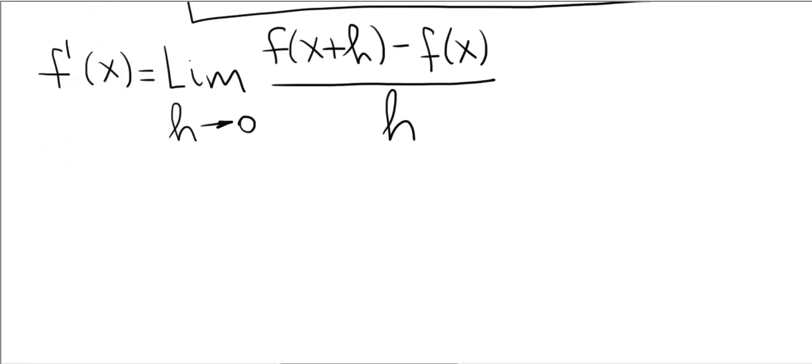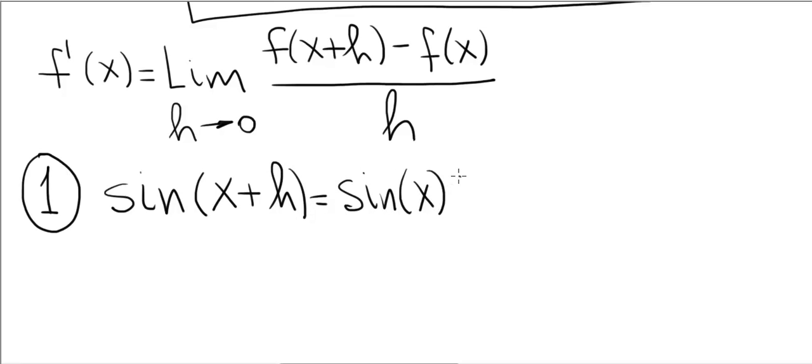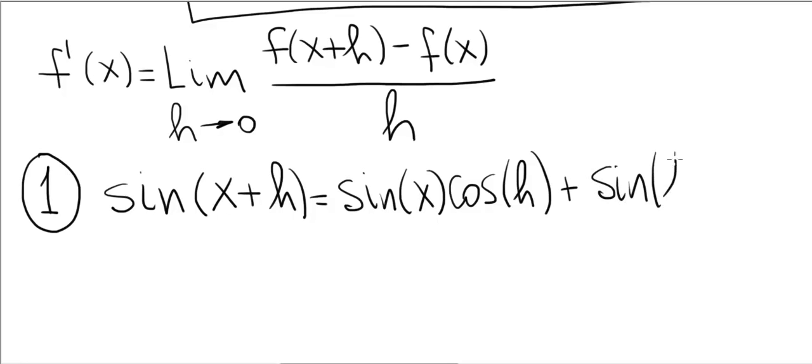Now we're going to need a couple of results to make the computations easier. The first result is a trigonometric identity, and I'm going to use the variables for this problem: sine of x plus h equals sine of x times cosine of h plus sine of h times cosine of x.